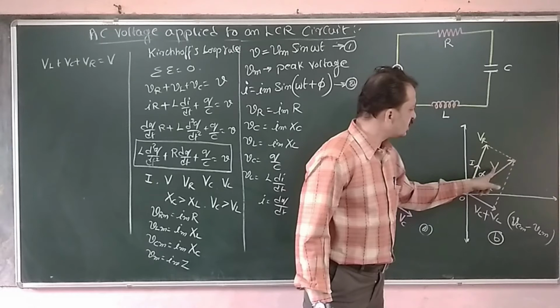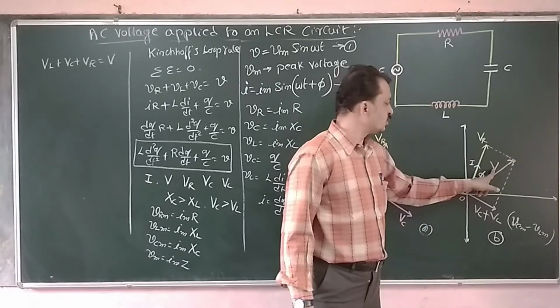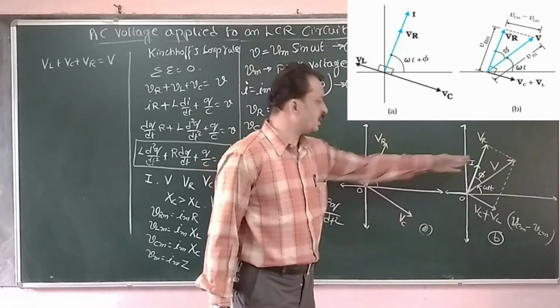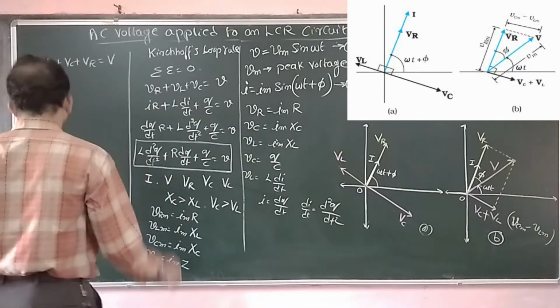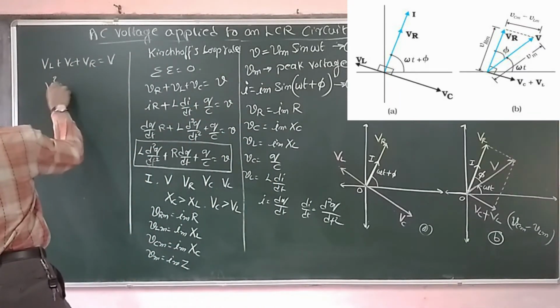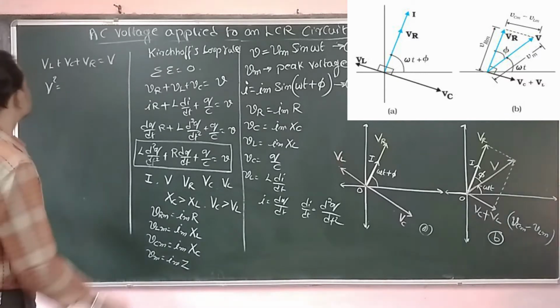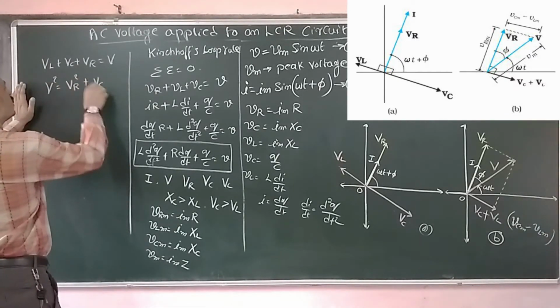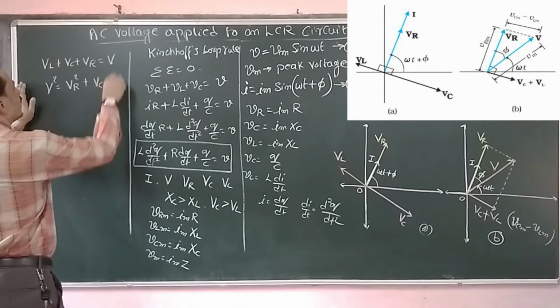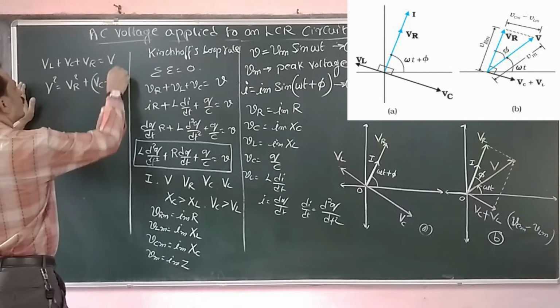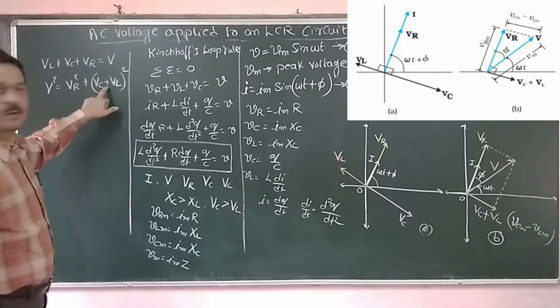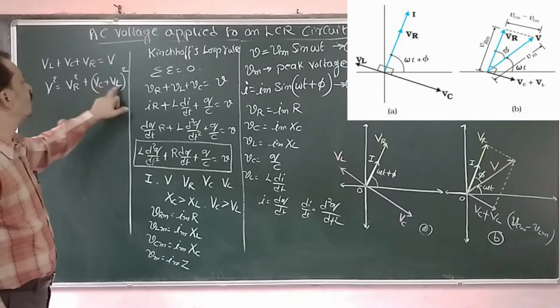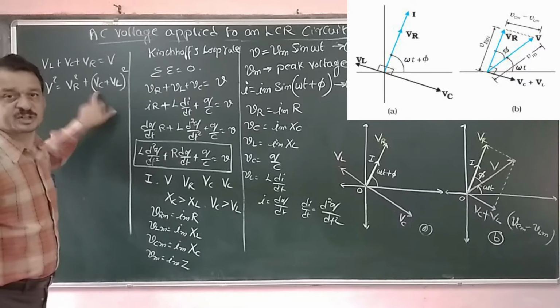Therefore, the applied voltage V is, by using Pythagoras theorem, we can write V square is equal to VR square plus VC plus VL whole square. Here we have written plus because we have taken the phasor notation.